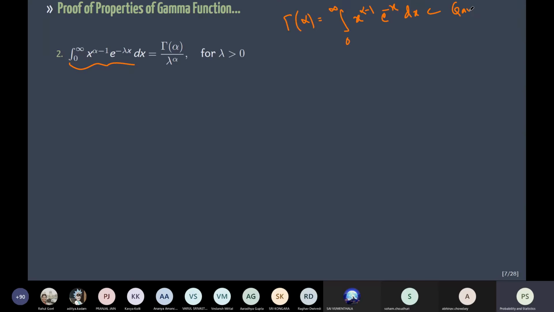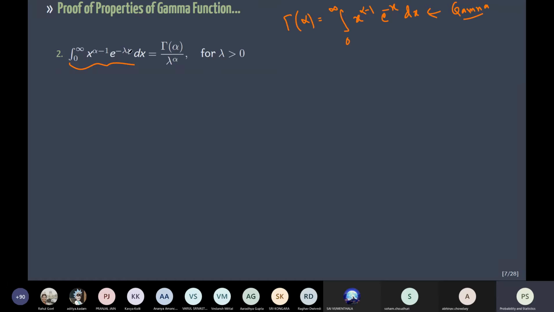What is changing here is this lambda factor. Looking at the right hand side, what we feel is that this thing is something of the form gamma alpha, and then there is a scaling factor here.